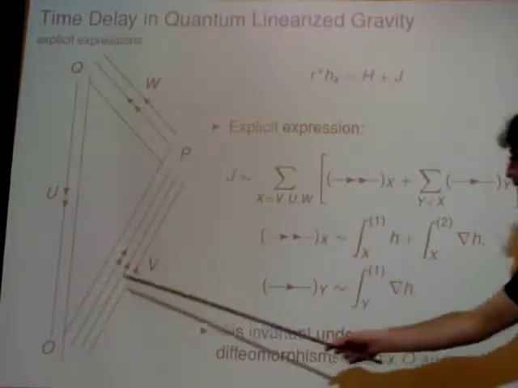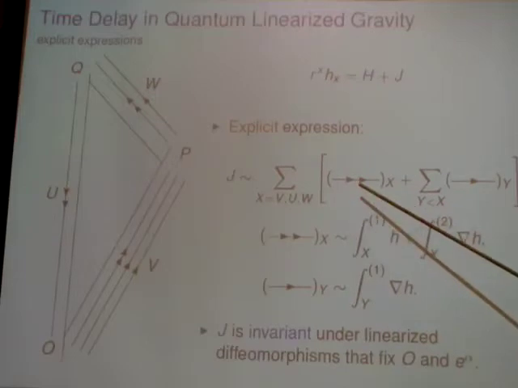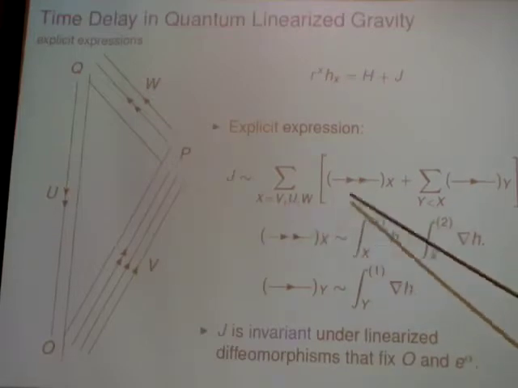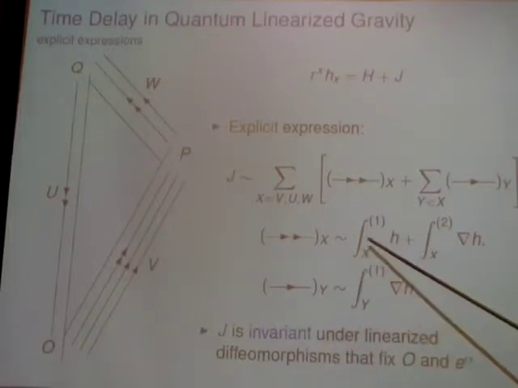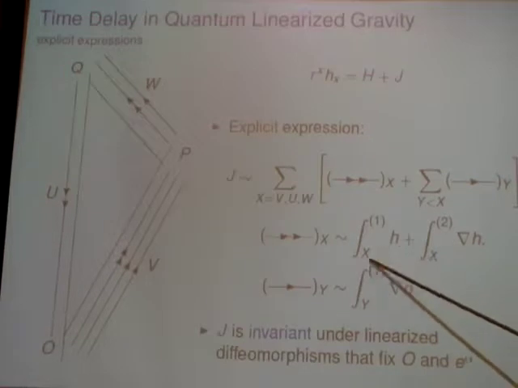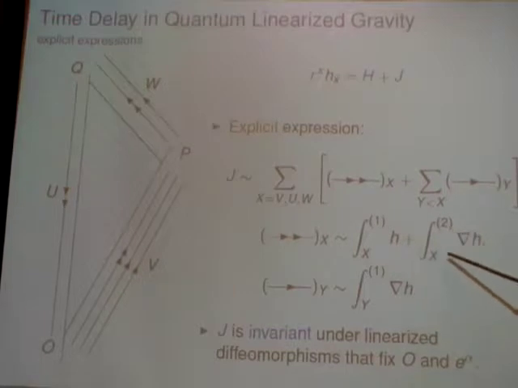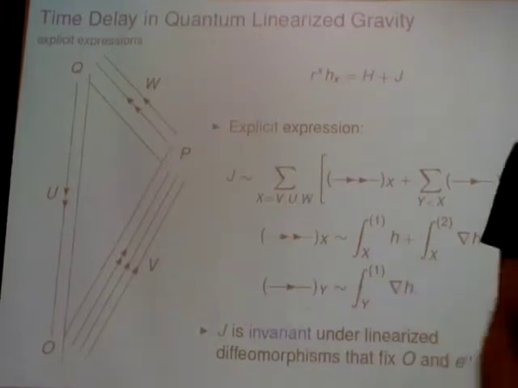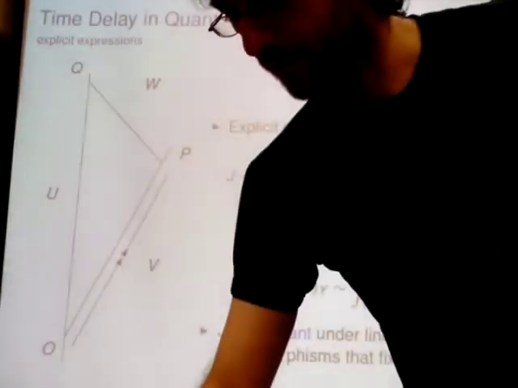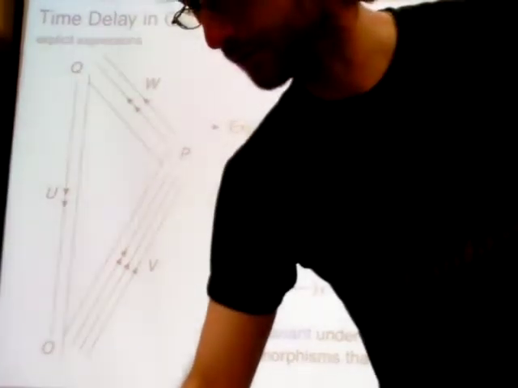Again, I'm summing over the three geodesic segments, and for each segment I have two terms. The term with a double arrow corresponds to something like this, where I have a single integral over the perturbation field with no derivative, and an iterated integral over a first derivative of h. Then there are some extra terms that look like the ones that composed h, which come in this kind of funny sequence, which I won't really go into, but you can check the detailed formulas in the paper.